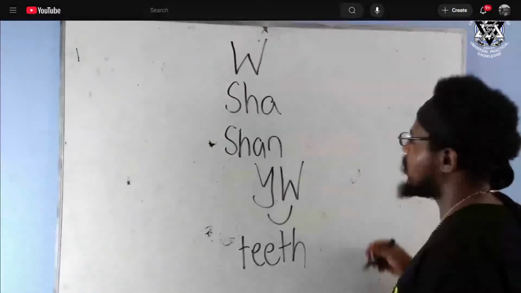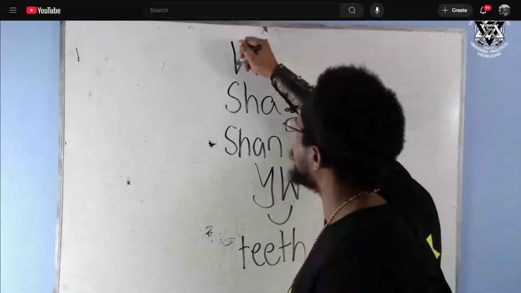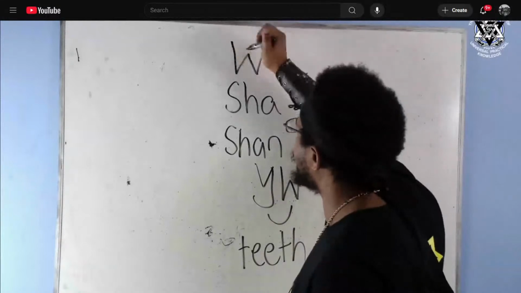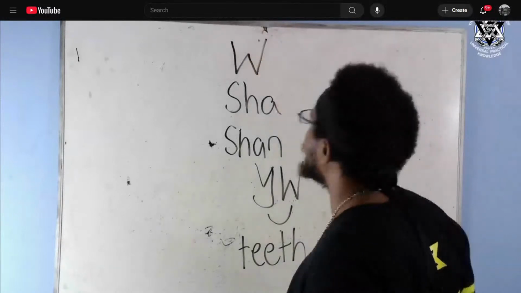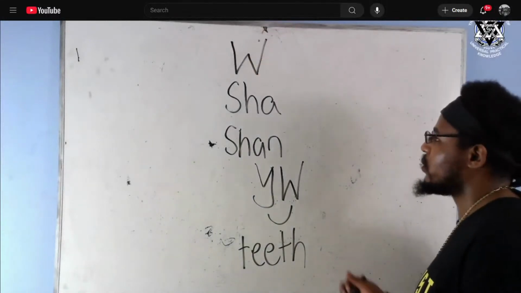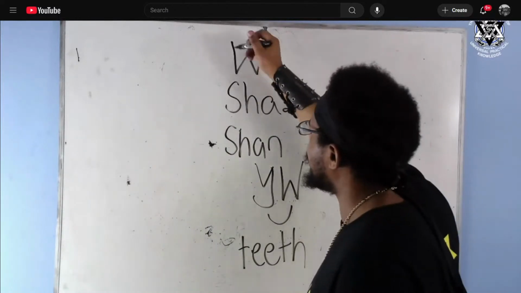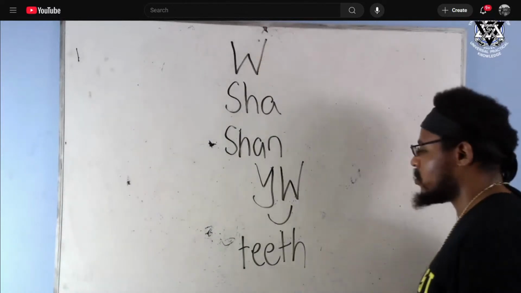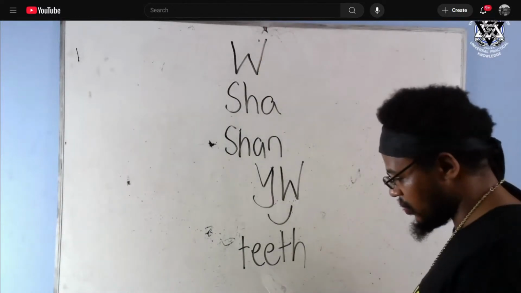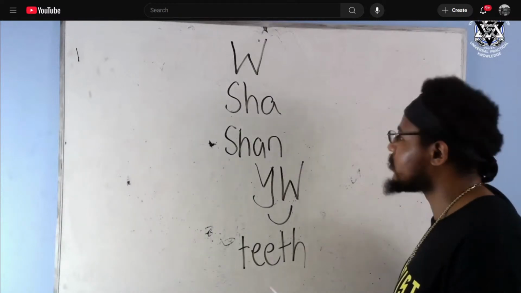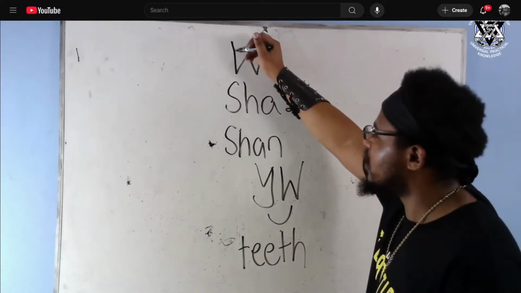As you can see, this would be like a tooth. This whole thing would be like a tooth or two teeth. But it comes from the word Sham, meaning teeth. You can see the tooth right here.